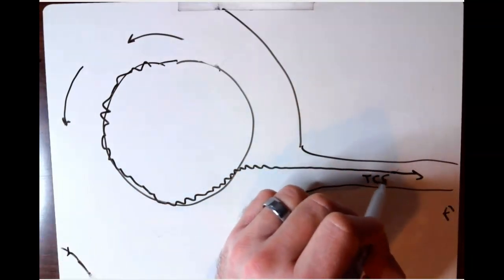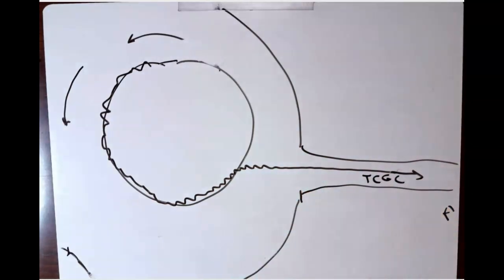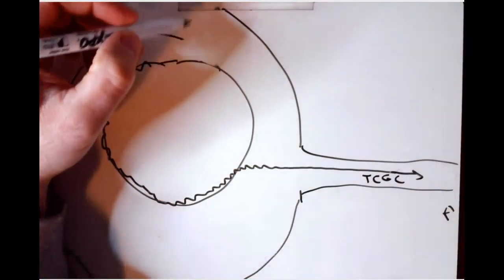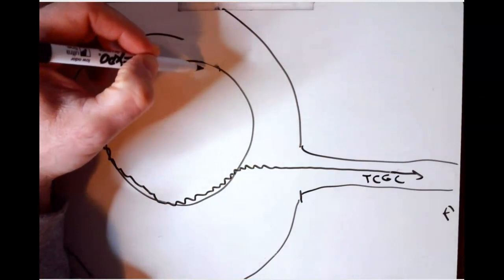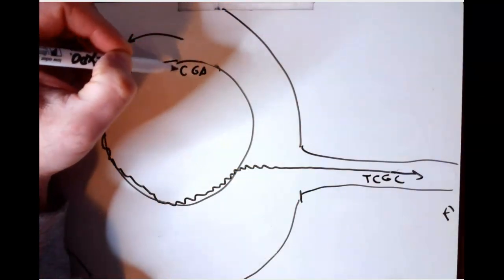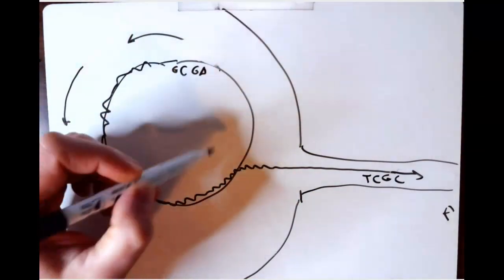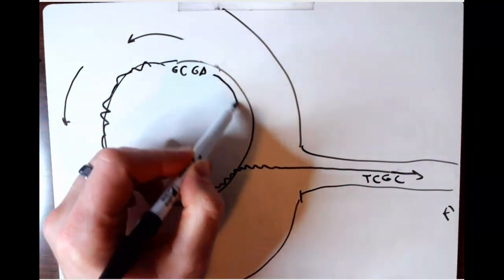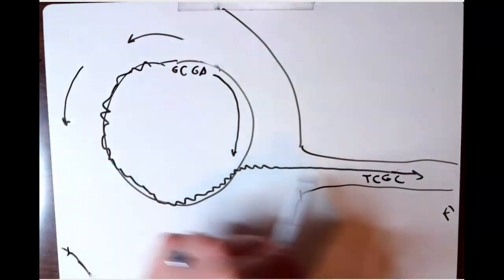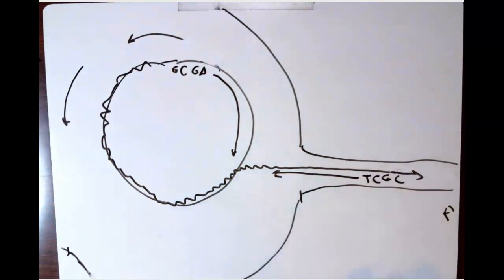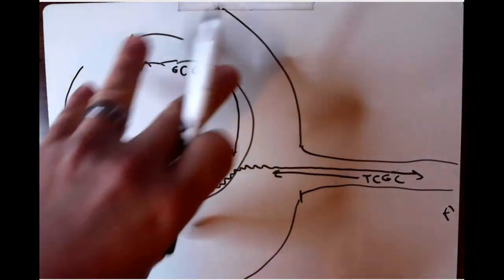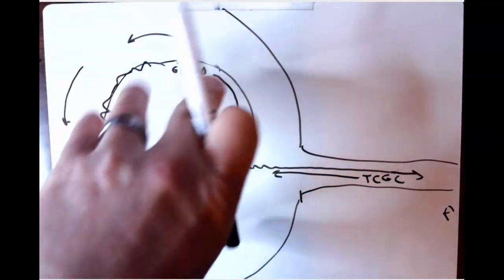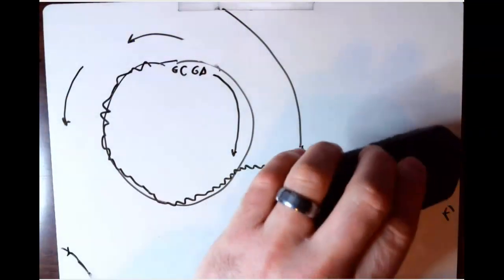I think that's the sequence that I put before. That means the corresponding sequence here would be A, G, C, G. But we've rolled, so all of these bases are complementary to the bases that are here. And let's keep rolling. Let's dial that circle of DNA even more counterclockwise.